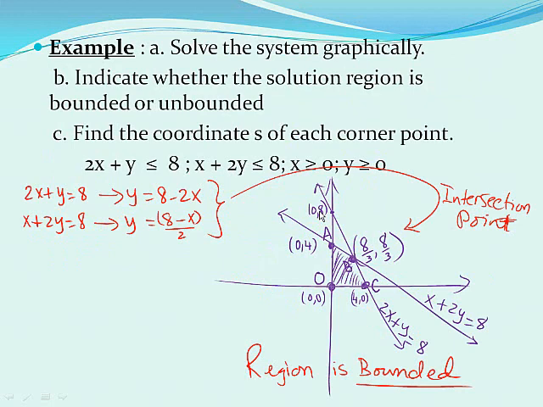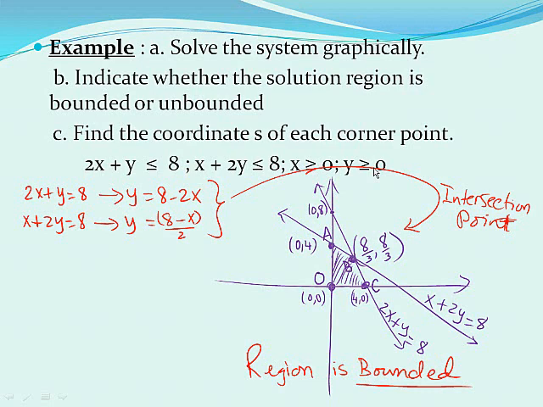Example: solve the system graphically and indicate whether the solution region is bounded or unbounded, and also find the coordinates of each corner point. We have the inequalities 2x plus y less than or equal to 8, x plus 2y less than or equal to 8, and we also have the two conditions x greater than or equal to 0, y greater than or equal to 0.